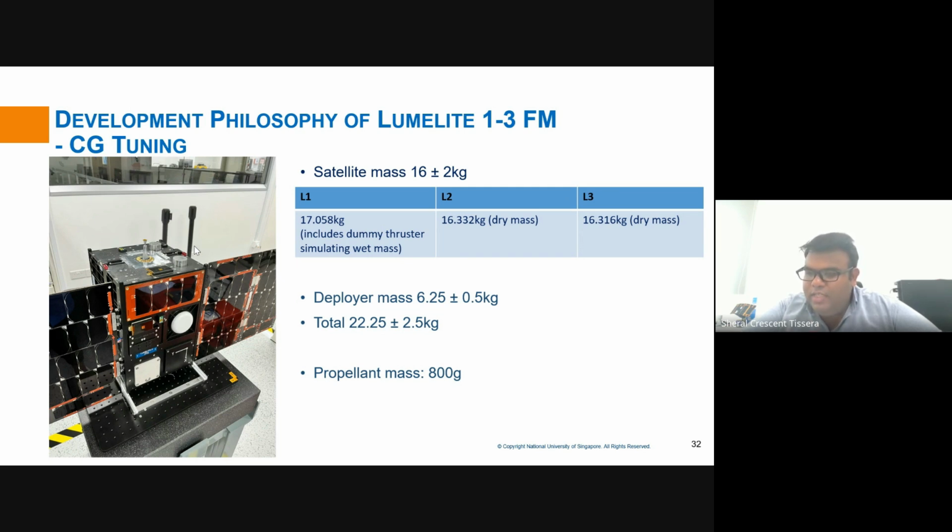Our simulation results have shown that the disturbance torque produced by this 5 centimeter offset is well within the operation of the reaction wheel, so that the momentum damping algorithm can comfortably reduce the momentum being absorbed due to the offset of 5 centimeter.